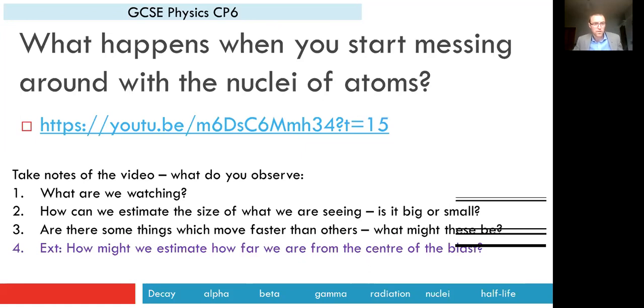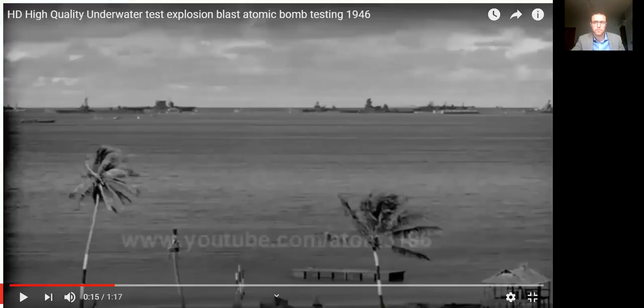And number 4, as an extension, how might we estimate how far we are from the center of the blast? Okay, write down those 4 questions, and then we're going to watch the video, and I'd like you to try to answer them. If you've got those 4 questions down and you're ready to go, then here we go. Otherwise, pause and write them again.